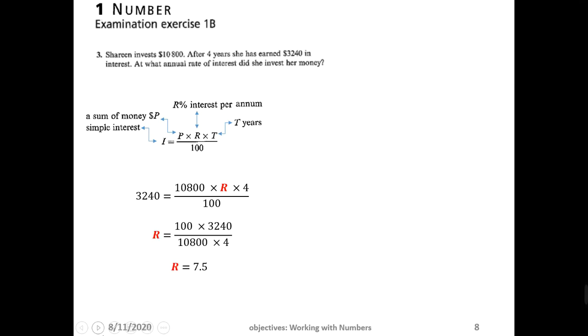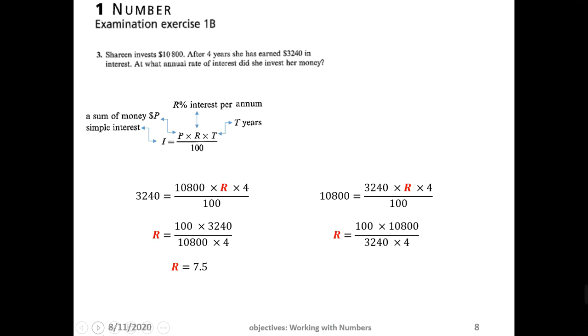I just wanted to highlight here, what if some people switched that 10,800 with that 3,240? We're going to have this. R is going to be, why is that 3,240 times 4 is my denominator?